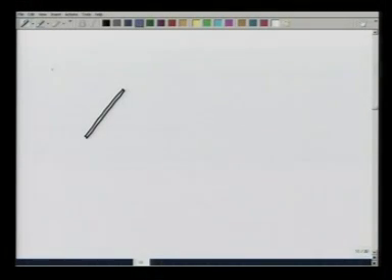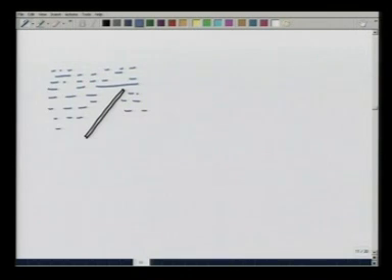Let me show water with blue. Starting from depth h1 to depth h2, it is making an angle theta from the vertical.